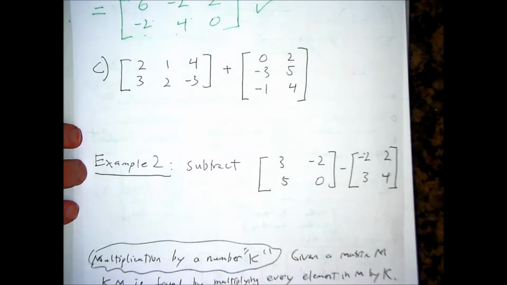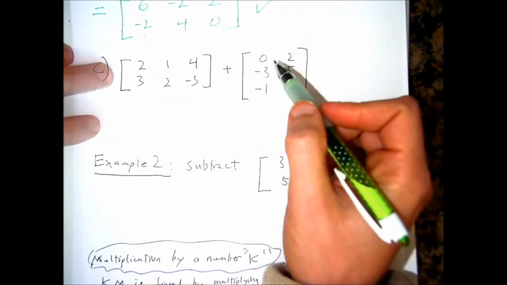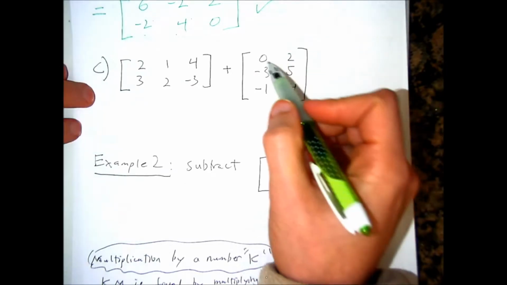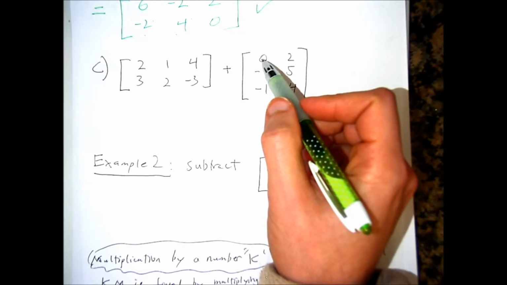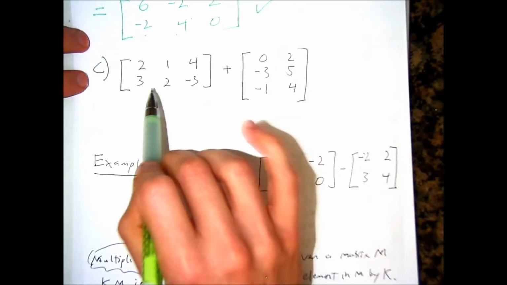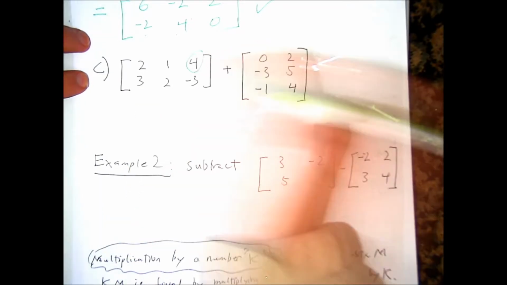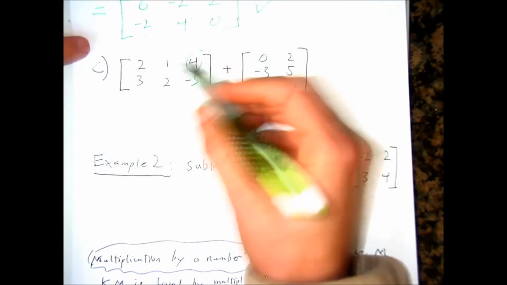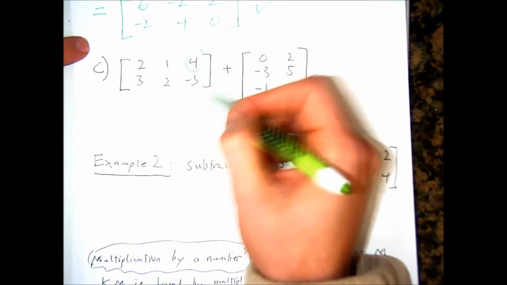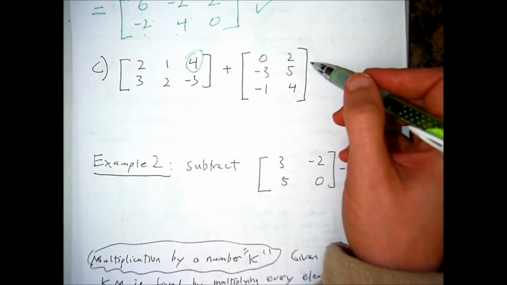So that's my answer. Alright, what about these? Well, this is in the first row, first column. So I would think that I could just add the first row, first column here. You're going to run into a problem, and that is when I get to, let's say, this element here. 4 is in the first row and the third column. Where's my third column over here? There's none. So this can't be done.